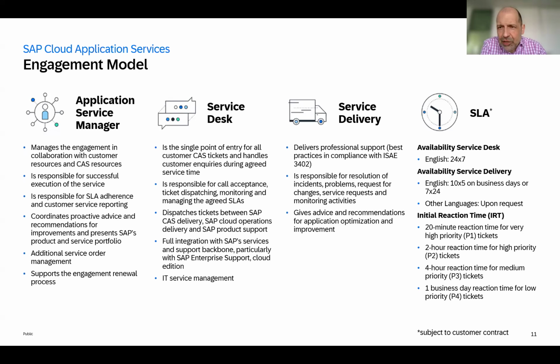Mainly we do English support, but for a lot of topics, as many of these consultants are sitting in Germany, we can also provide German support, and for certain other areas, especially globally, we can support other languages.